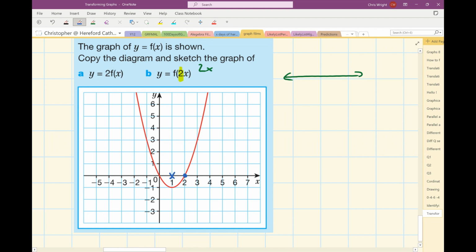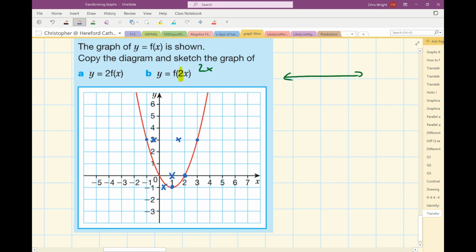This point here has an x coordinate of 3. So if I halve that, it will have an x coordinate of 1.5. This point here has an x-coordinate of -1. So if I halve that, it will have an x-coordinate of -1/2. This point here has an x-coordinate of 1. So if I halve that, it will have an x-coordinate of 1/2.